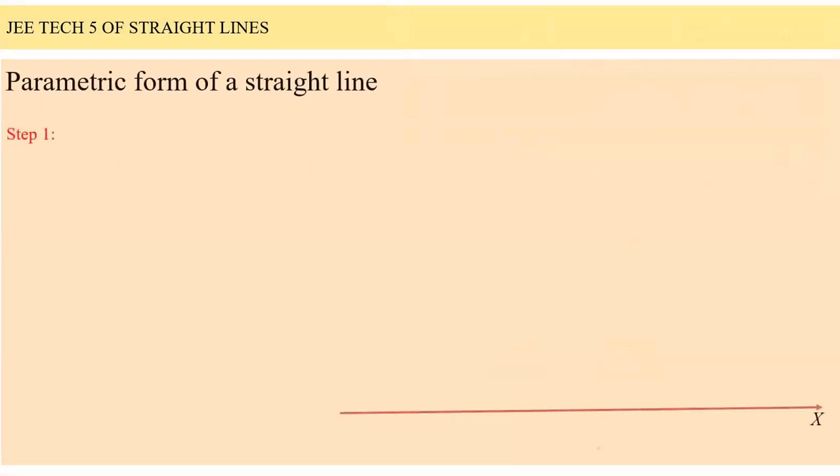To understand this parametric equation, there are some steps first. We will start from the basic steps. You take the x-axis and y-axis, and somewhere there is a point in the plane. For convenience, I am taking it in the first quadrant.